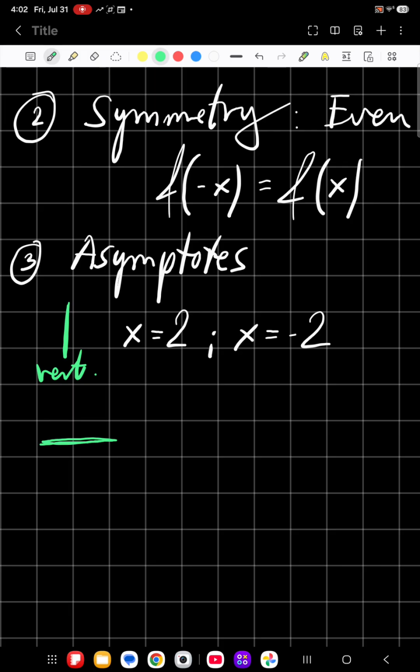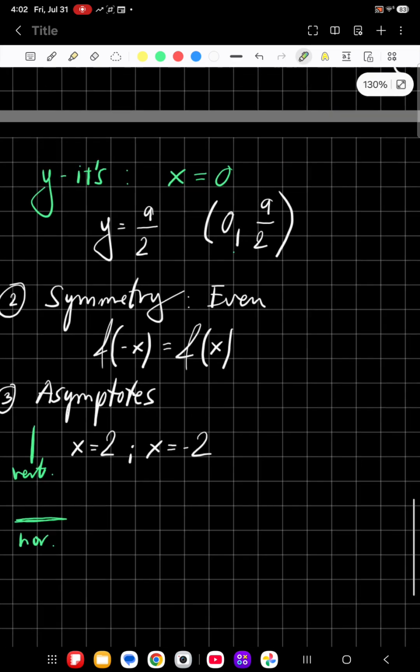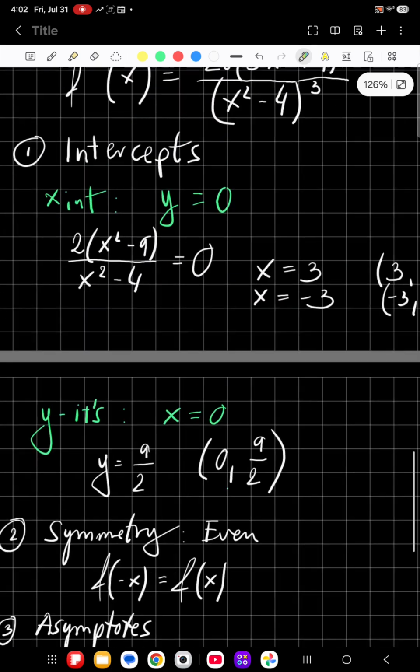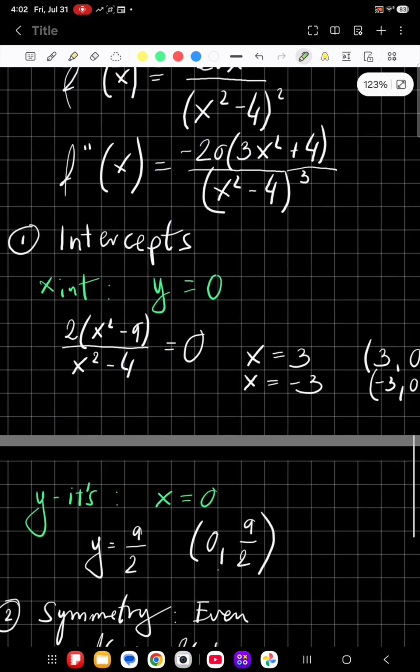So that was vertical. Now horizontal. We can look at the function, and horizontal asymptotes are basically dependent on the degree of the top and the bottom, right? You guys see the degree of the top is 2, degree of the bottom is 2.